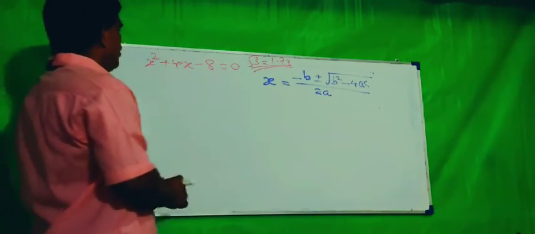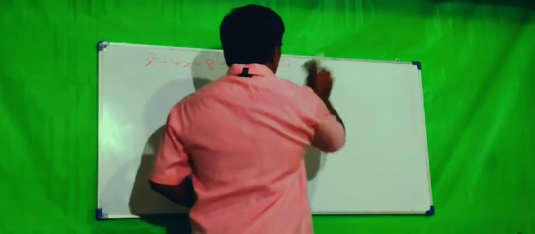Now let's use that formula to solve this equation. Then let's write the formula: x equals the numerator, minus b plus or minus the square root of b squared minus 4ac, and the denominator is 2a. And here in this formula there are three letters: a, b, c.